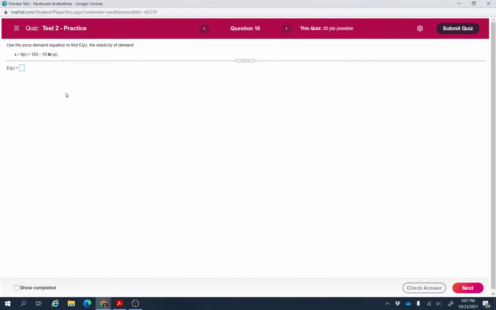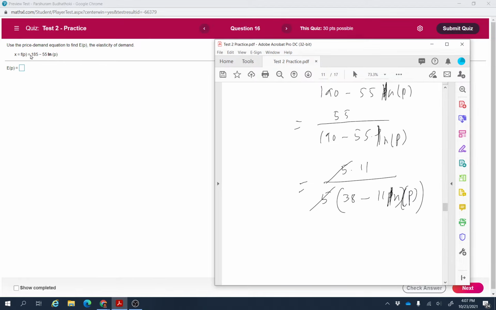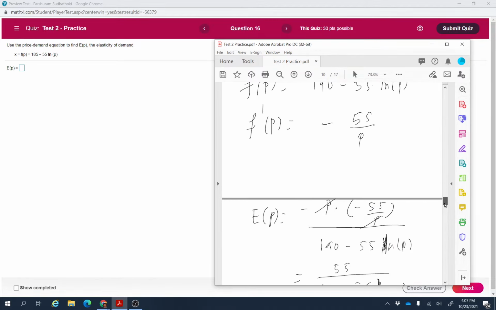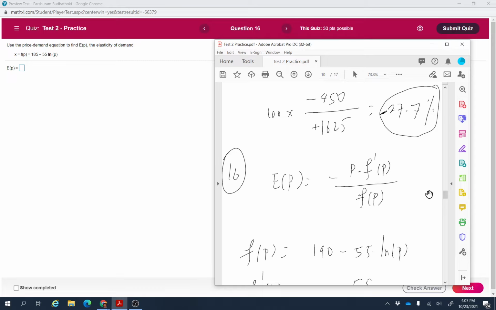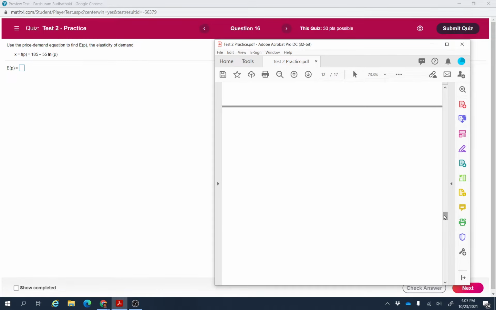So let's do one more time here. But this time the function is different, but we're going to use the very same formula. So this time let's say f of p is 185 minus 55 ln of p, and then f prime of p is negative 55 over p.